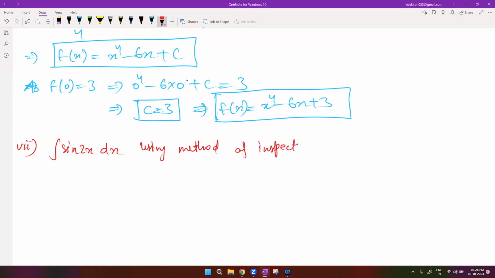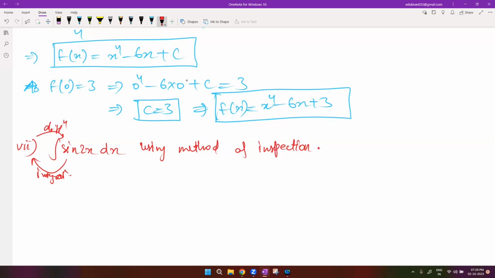The method of inspection says that rather than thinking about integration, you try to think in terms of differentiation. If you are integrating sine 2x, then this would be a function whose differentiation gives you sine 2x. Rather than thinking of the integration of sine 2x, you think about what should be the function whose differentiation is sine 2x.